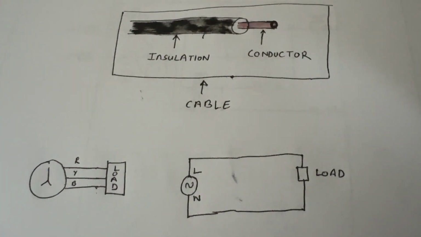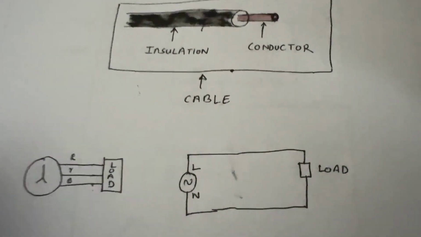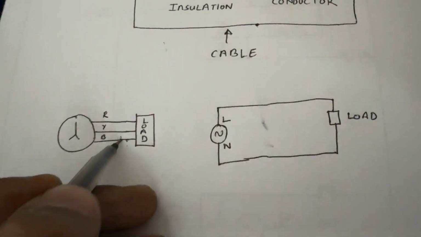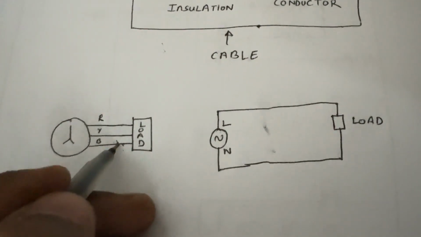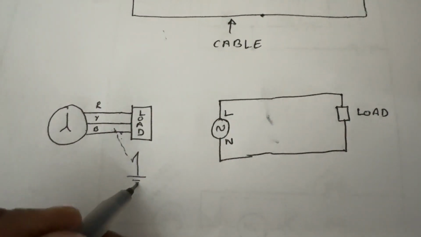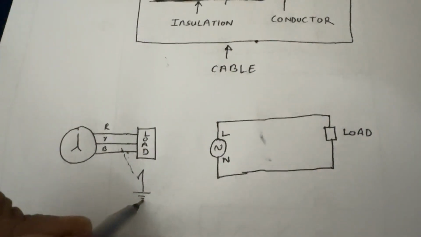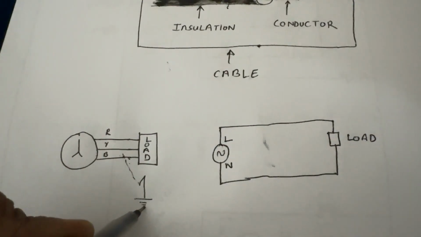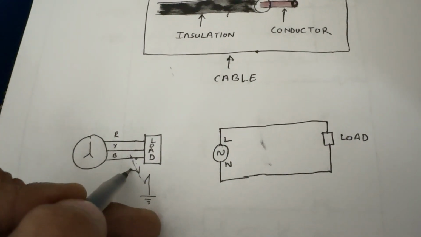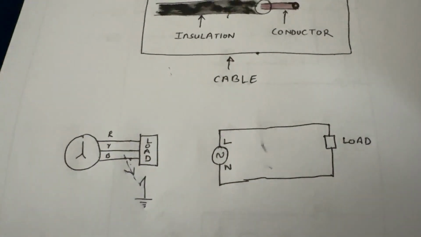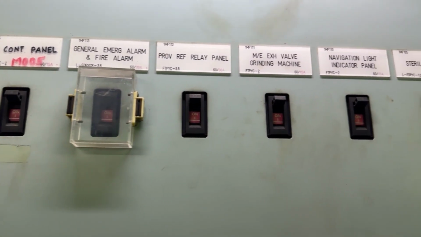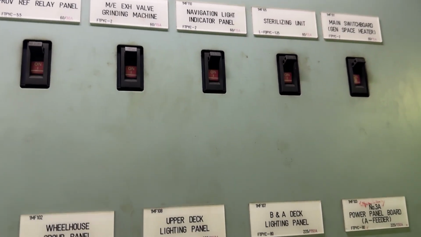If this touches the ground, meaning one of the phases, in a three phase or a single phase, touches the ground, or moisture such as water, dust or dirt accumulates on it, the current will flow through that part and ultimately damage the equipment.